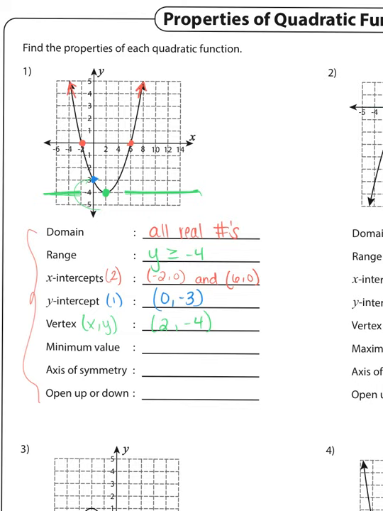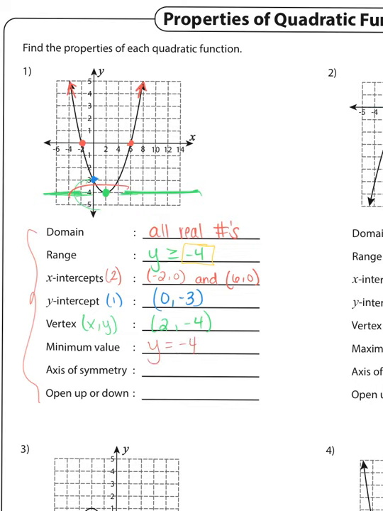Then we're going to find our minimum value. When we look for our minimum value, we're looking for whatever is the last point. Okay, so in this case, our minimum value is whatever our range number was. So in this case, we see our range number was -4. But instead of writing greater than or equal to -4, we're just going to write y equals -4.